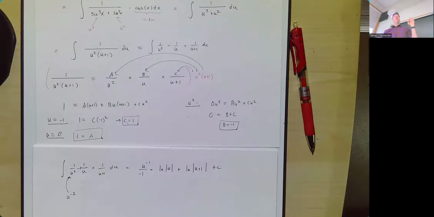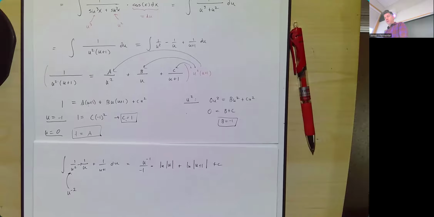When it's any other power like x squared or x cubed or x plus 1 to the 5th, you want to rewrite it as something to a negative power and just use the anti-power rule. For u to the -1, I can't use the anti-power rule because I end up dividing by 0. But for u to the -2, I can use the anti-power rule. I'll show you another example of this just to make it even more clear.